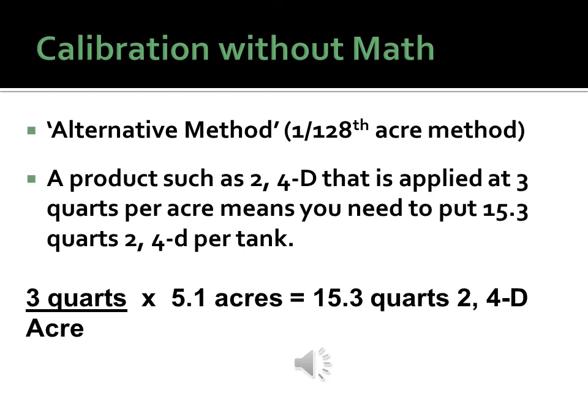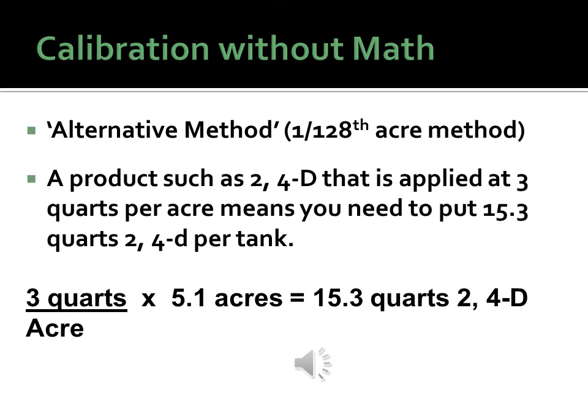A product such as 2,4-D that is applied at 3 quarts per acre means you need to put 15.3 quarts of 2,4-D per tank. 3 quarts per acre times 5.1 acres is equal to 15.3 quarts of 2,4-D.